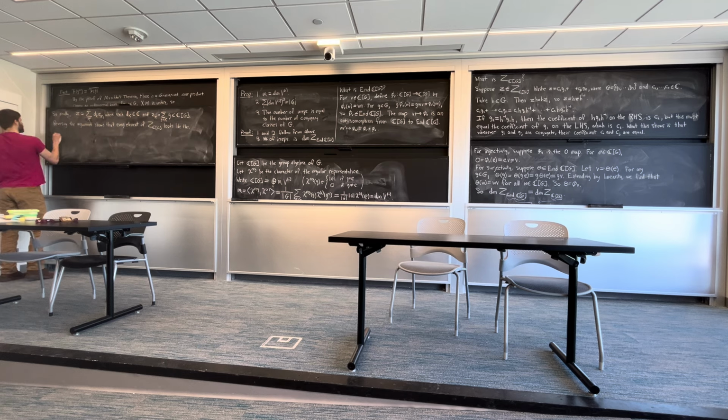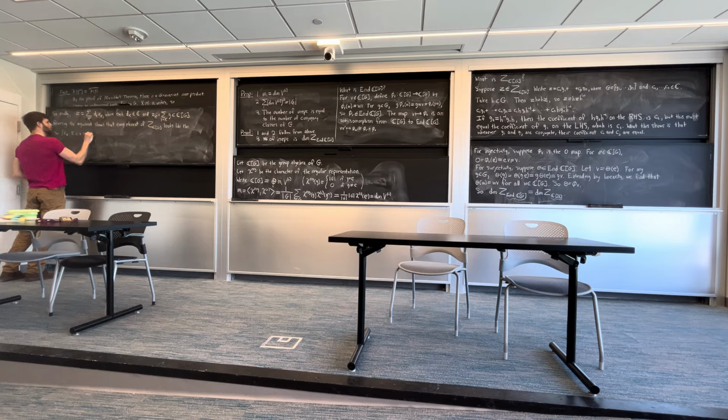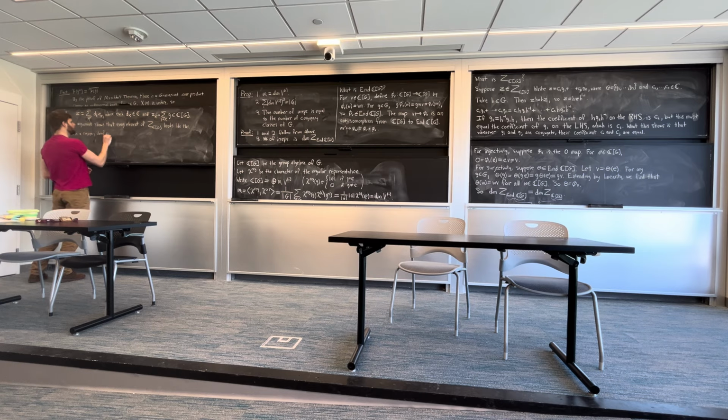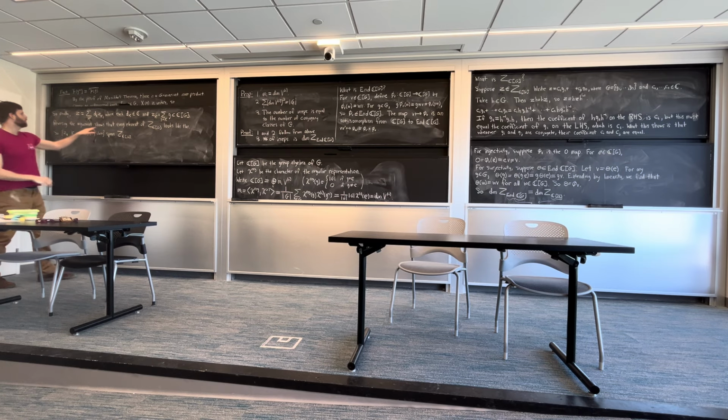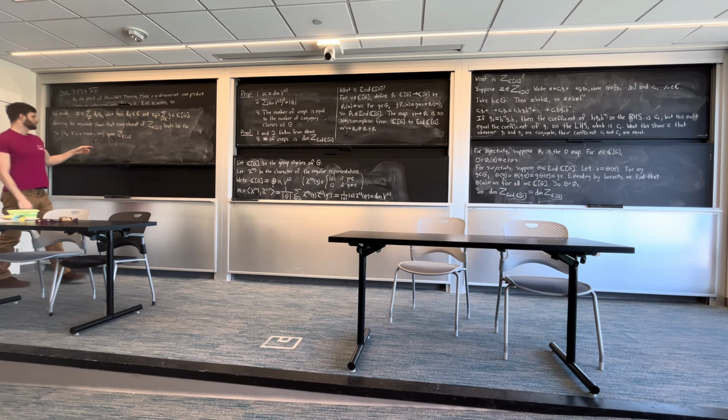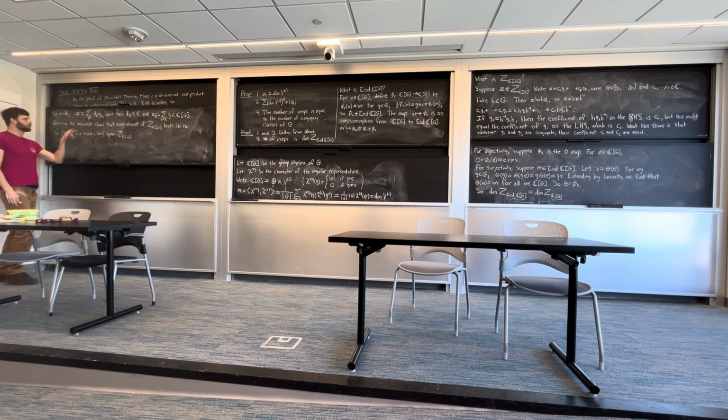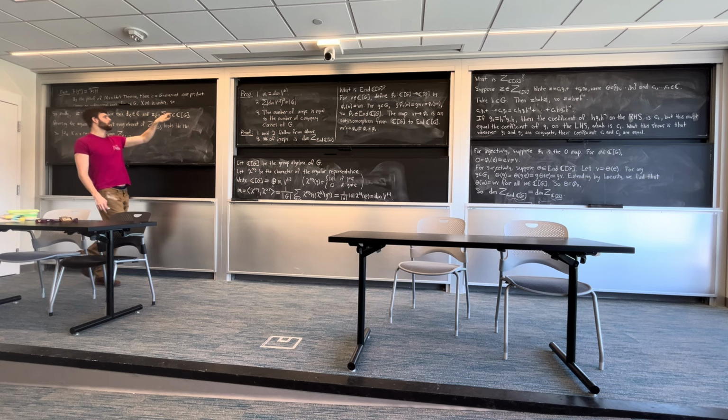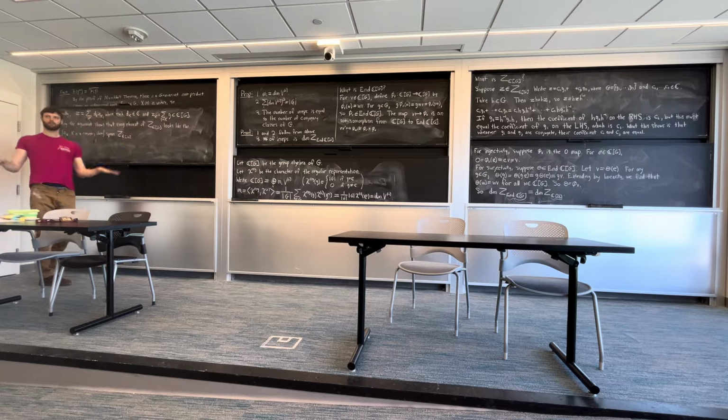So the set of z sub k such that k is a conjugacy class spans the center. That's because every element of the center looks like this. But also they're linearly independent because any two of these elements are just sums of basis elements of the group algebra that have disjoint supports.